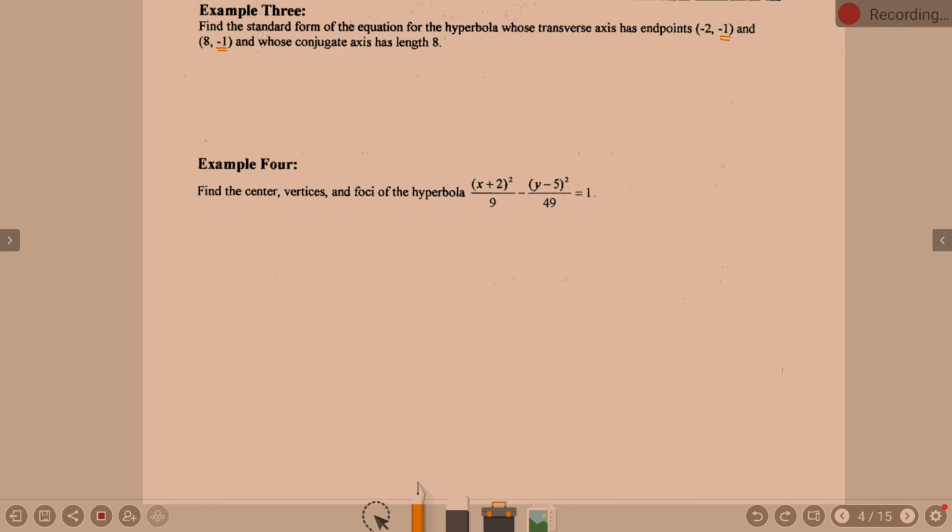So the idea here, transverse axis endpoints, those are the vertices. And so if we go back to the idea that the k is the same, think about the fact that vertices, when you look at the left column, are h plus or minus a, comma k, right? And so that right there is how we are going to be able to say that this is left column.